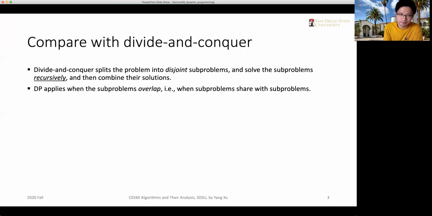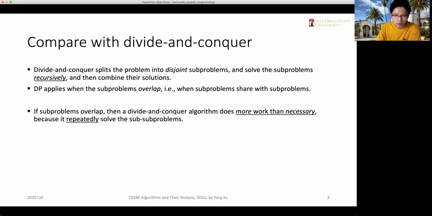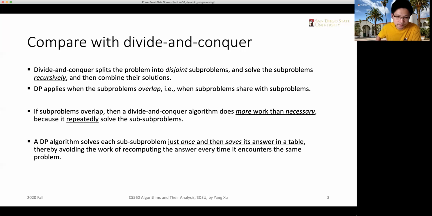But divide and conquer and the recursive approach do not recognize the necessity of avoiding redundancy. So if the sub-problems overlap, a divide and conquer algorithm does more work than necessary, because it repeatedly solves the sub-problems without checking whether the same problem has been solved.